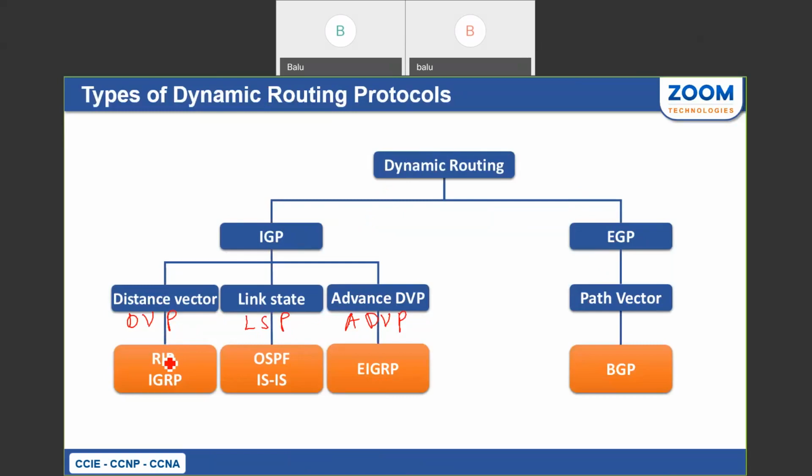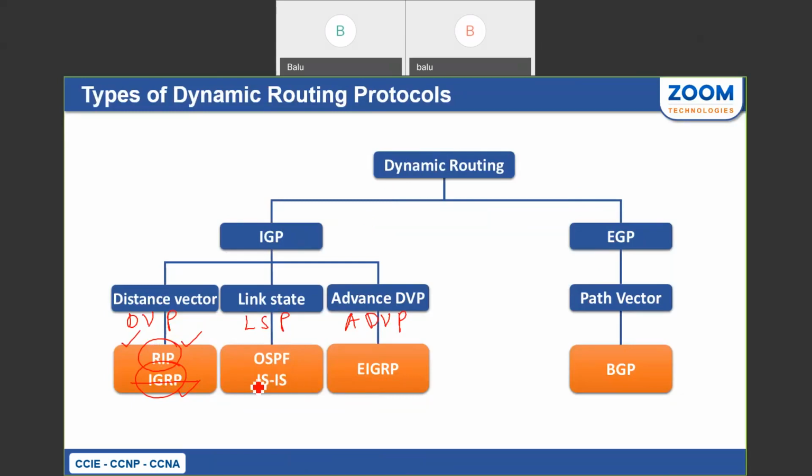The actual protocols are RIP and IGRP, the Routing Information Protocol and the Interior Gateway Routing Protocol. IGRP was actually modified into the RIP protocol. Similarly, the link state protocols are OSPF, Open Shortest Path First, and IS-IS, Intermediate System to Intermediate System.